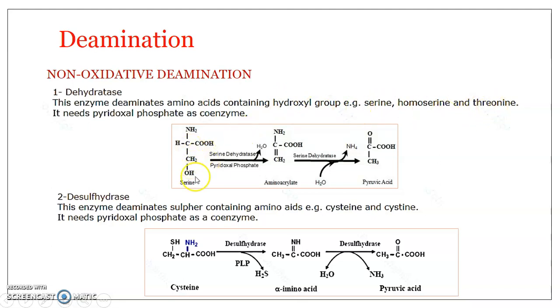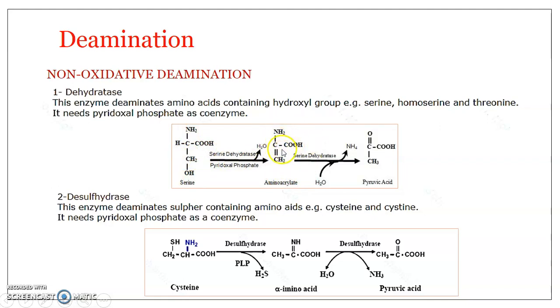Okay, and you can see here the first step in this particular reaction is dehydration, which is followed by hydrolysis. Okay, so it is dehydration, water is removed. So serine undergoes non-oxidative deamination, resulting in the formation of an unstable amino acid intermediate product.